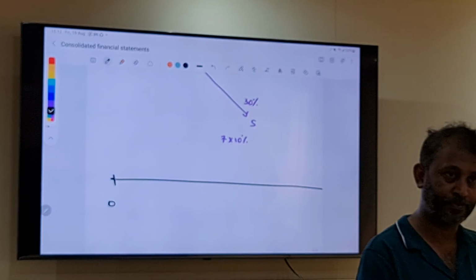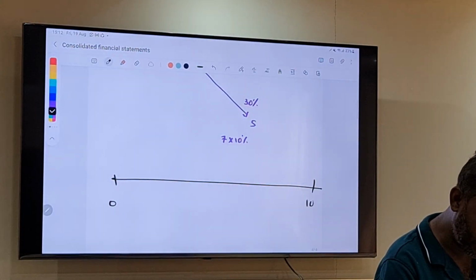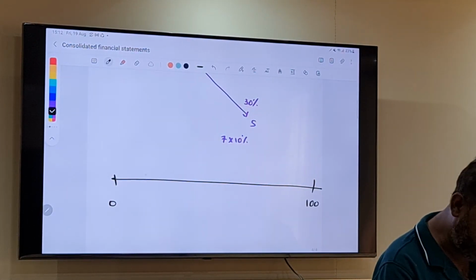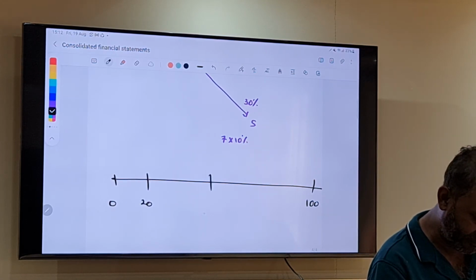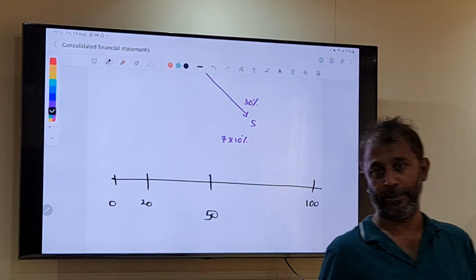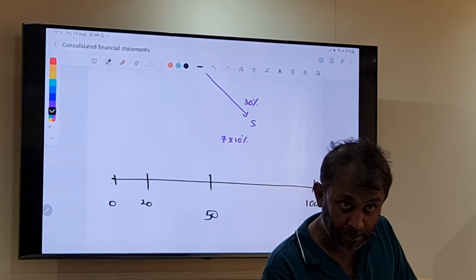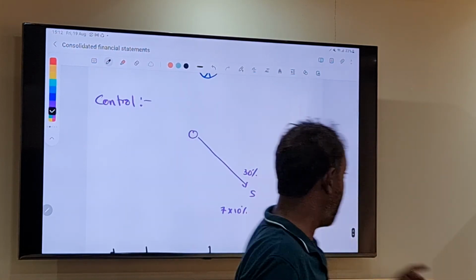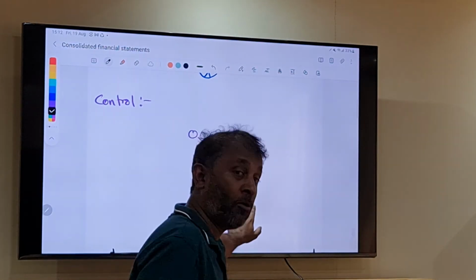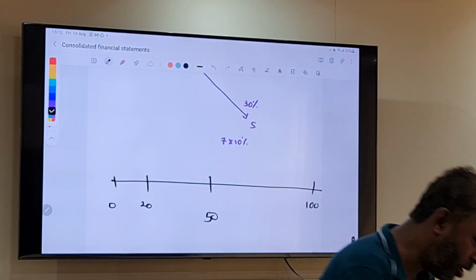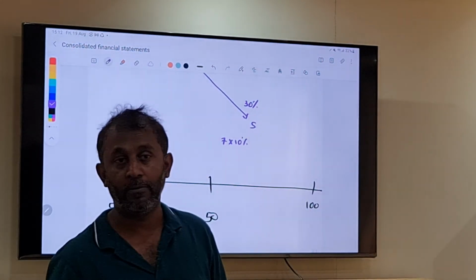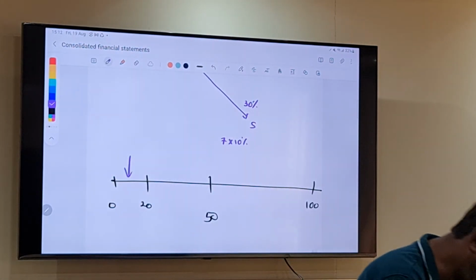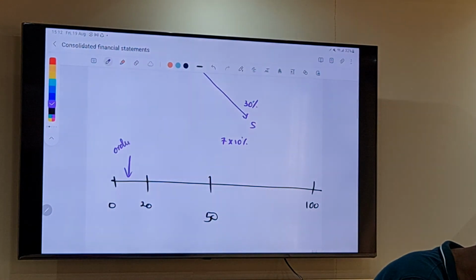Here 0, and here 100. And up to 20 is one border, then 50 another border, then 100. Any investment, for example, company O is investing in S and that investment falls here, we call this region ordinary investment.